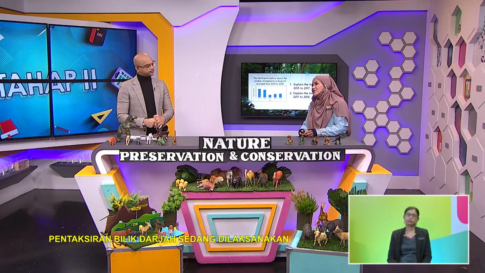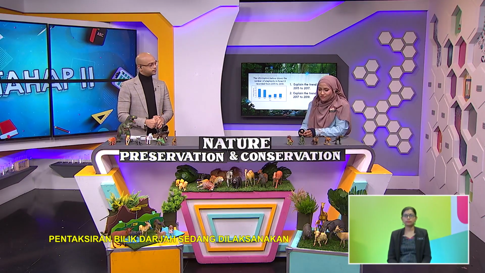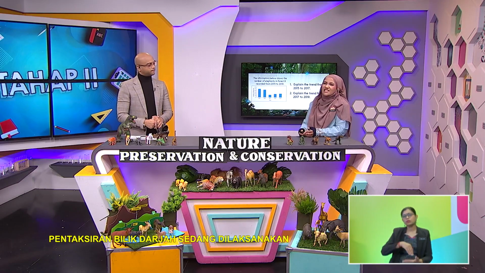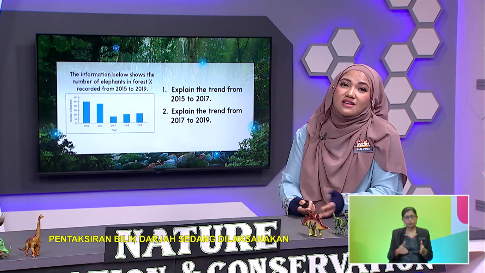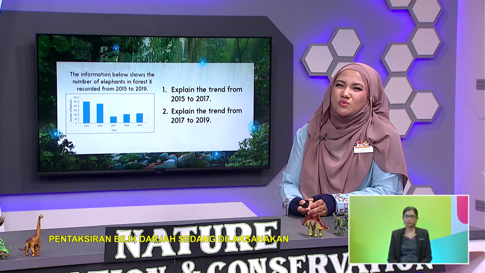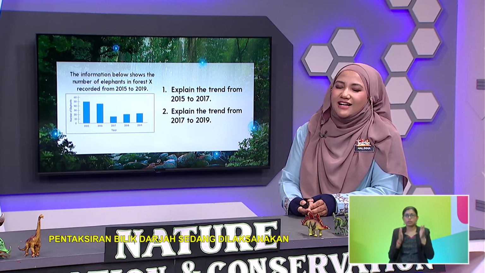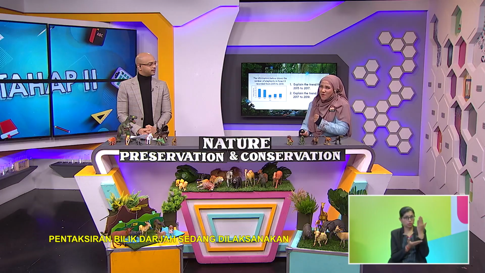So maybe that could also lead to the decrease in the number of animals. So can you see, Abang Sean? It's because of humans, right? Yeah. Excessive logging, humans. And hunting, also humans. Yes, that's true. Okay. We need to educate more.